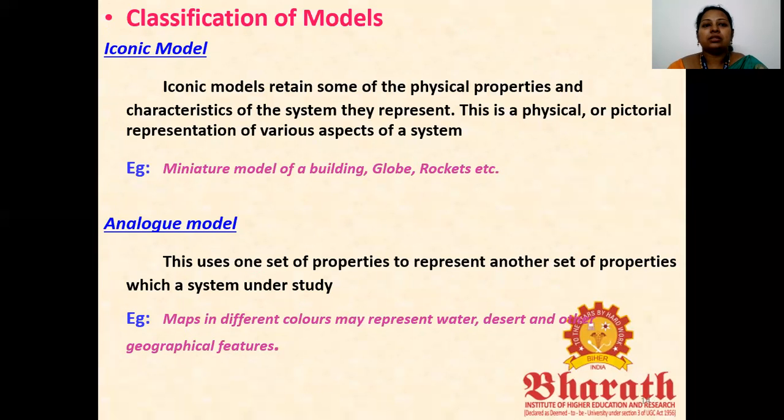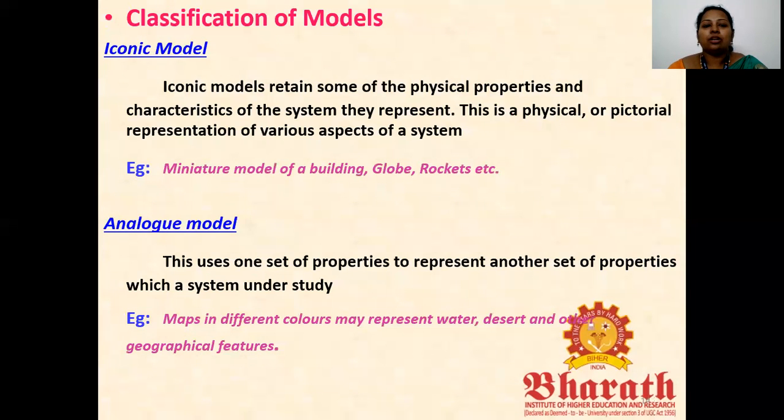Then there are several models. The first one is the iconic model. The iconic model retains some of the physical properties and characteristics of the system it represents. This is a physical or pictorial representation of various aspects of a system. The iconic model may be a miniature model of a building or globe, rockets, etc. First, we define a miniature of any model.